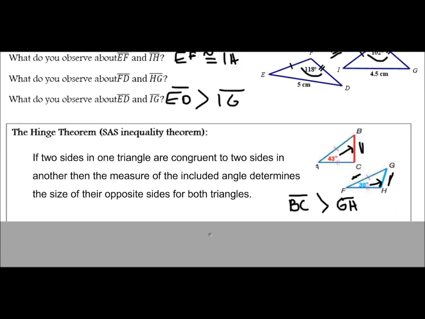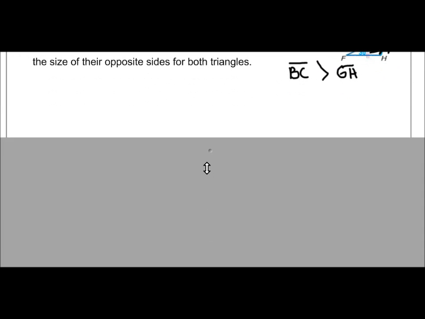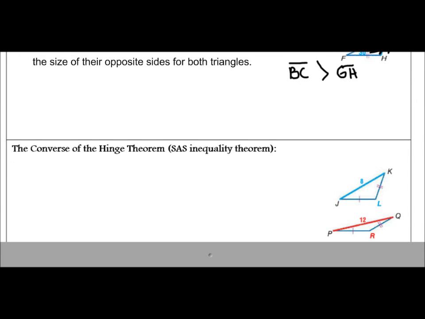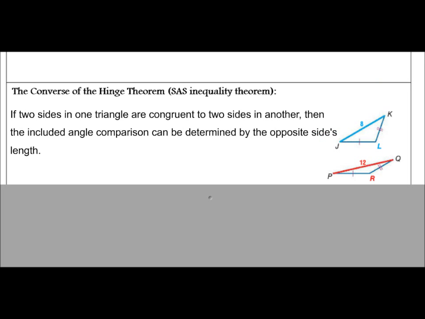The converse of that basically says if you have two sides congruent in one triangle to another, then the angle opposite the non-included side can be determined by the non-included side. So if you have two sides in one triangle congruent to two sides in the other triangle, then the included angle, so L and R, comparison can be made by the opposite side's length.